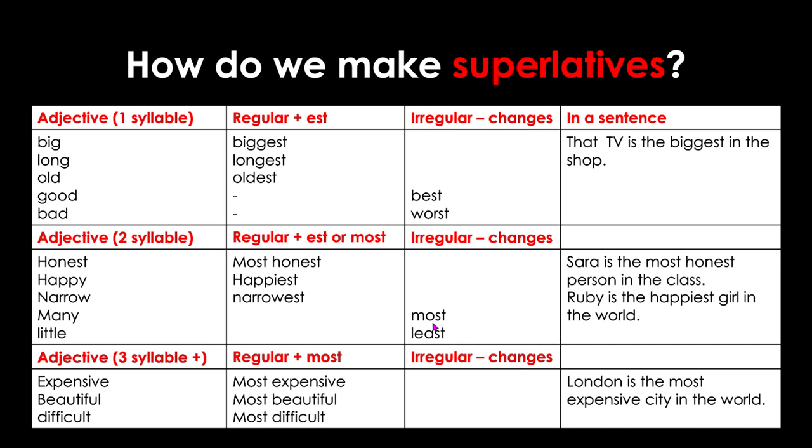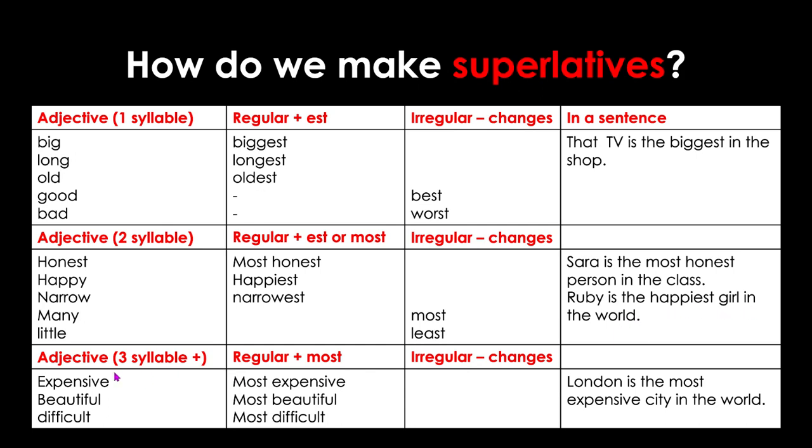So many turns to most and little turns to least. And a couple of examples there for you to have a look at. Sarah is the most honest person in the class. Ruby is the happiest girl in the world.